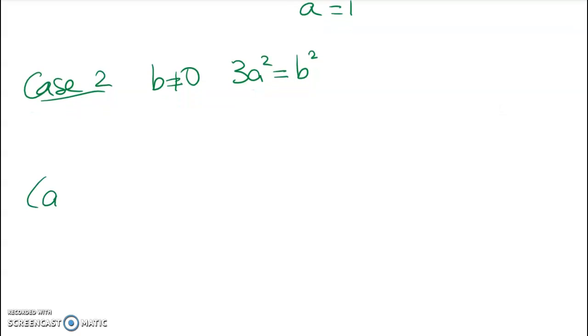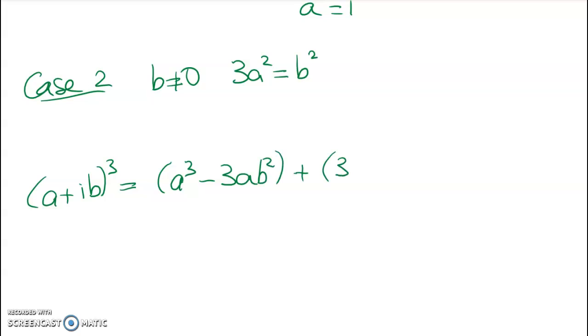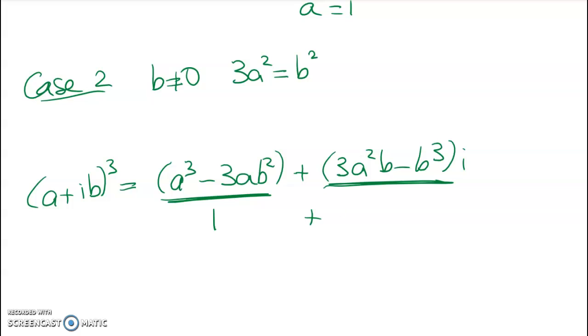We had a plus ib cubed is equal to a cubed minus 3ab squared plus 3a squared b minus b cubed i. And we know that this has got to equal 1. Oh, sorry, this has got to equal 1 plus 0i.